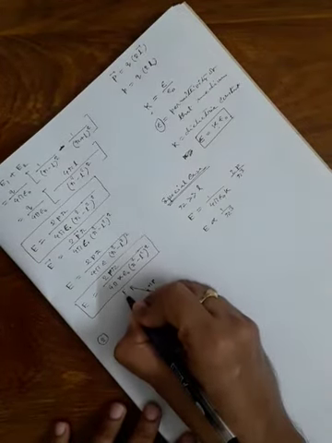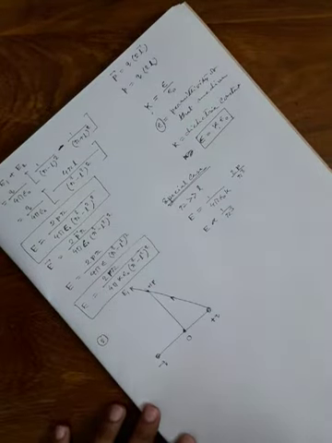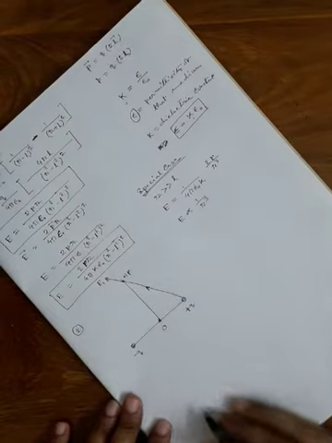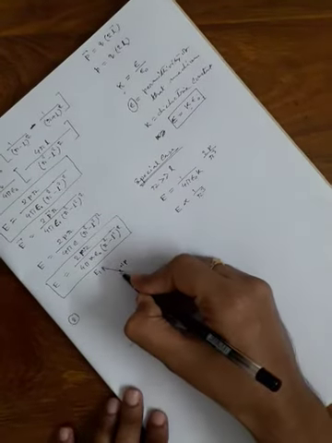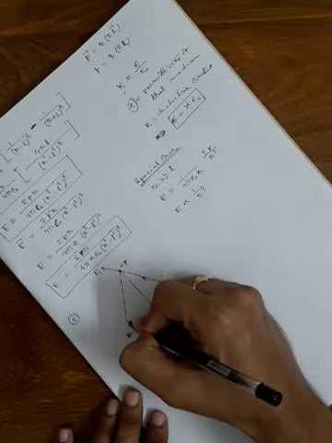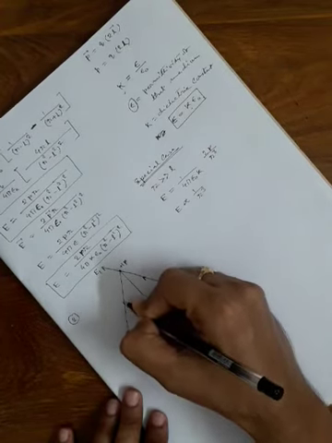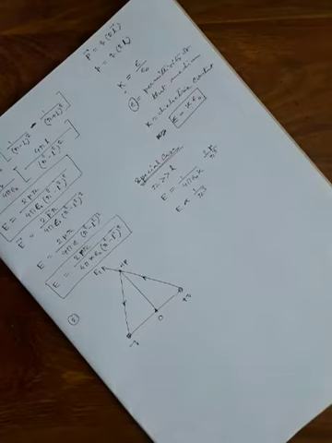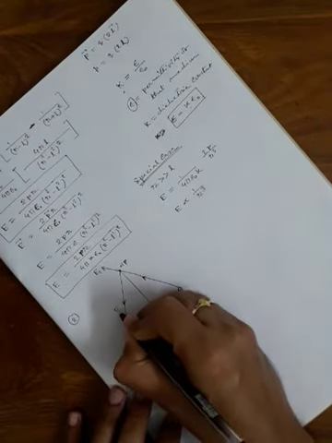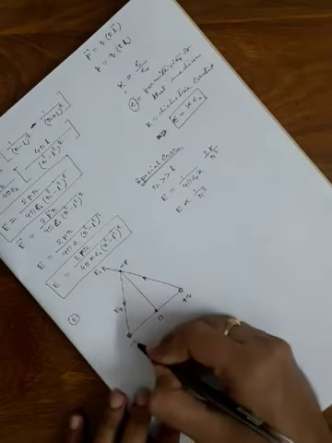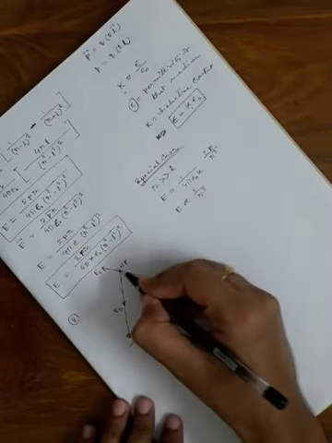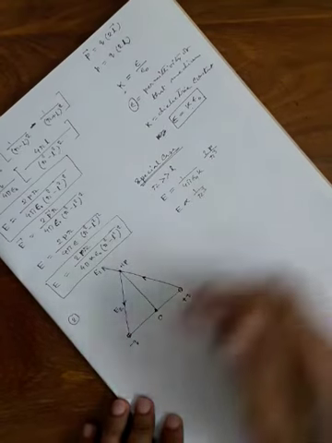This is, say, E1. Again, this negative charge minus q will attract this unit positive charge along this direction, say this is E2, that is the electric field due to this negative charge at this point.